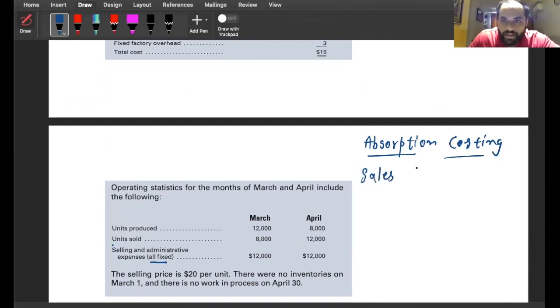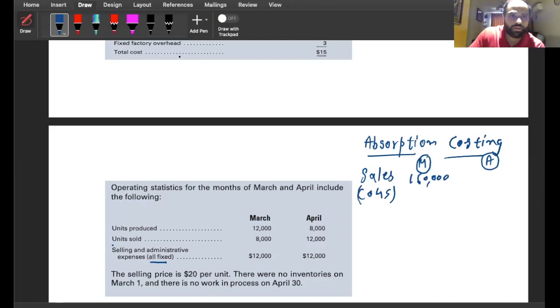We have 2 months, March and April. So tell me the sales for March. $160,000. 160,000 minus cost of goods sold.